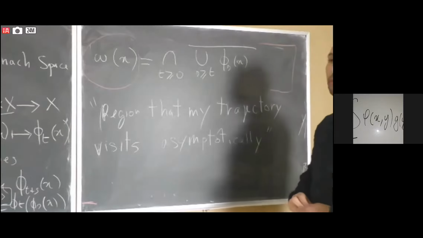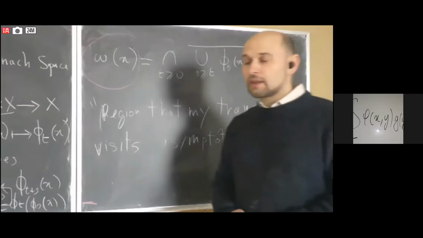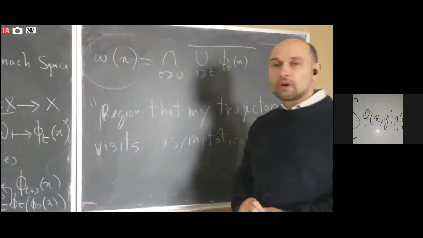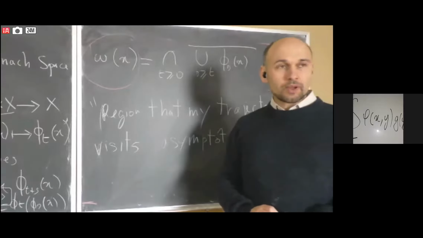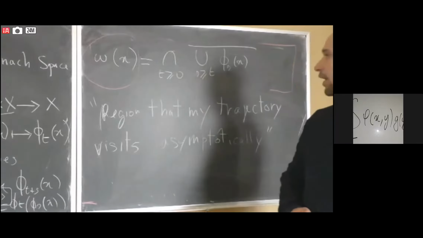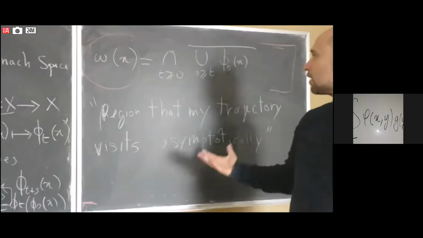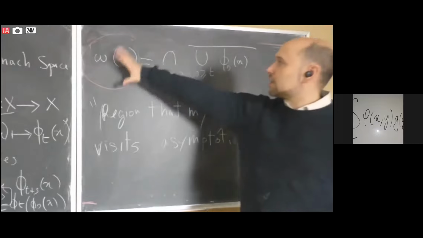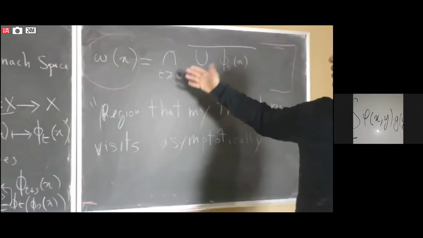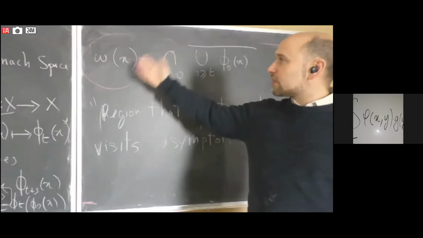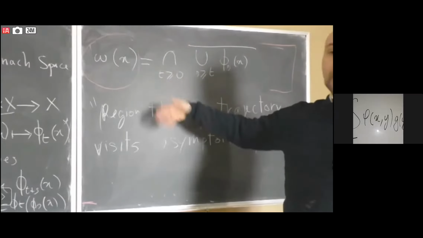For example, I remember that you studied the Lorenz system last year, and then you get this chaotic attractor. So this thing is the points that your trajectory will visit again and again.